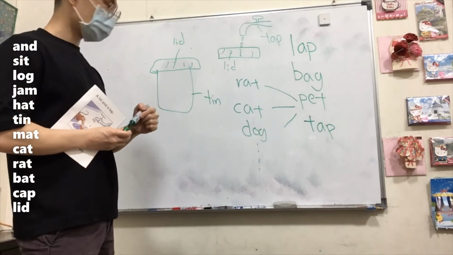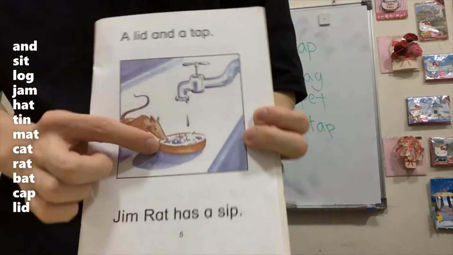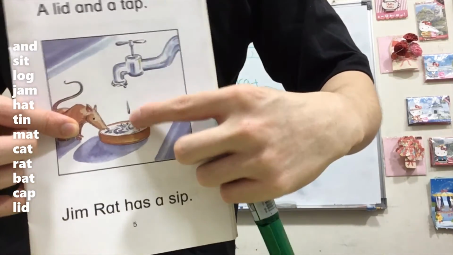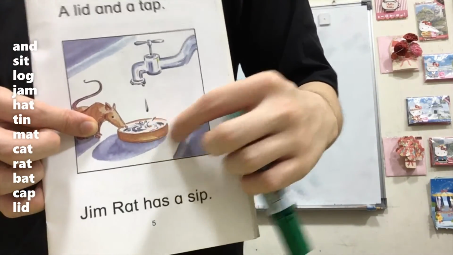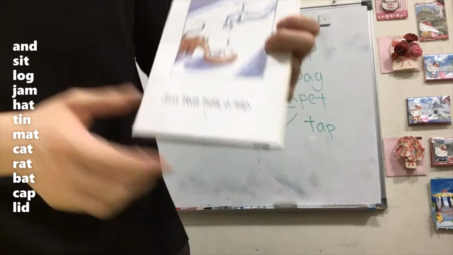And this is a lid. So you see, this is a tap and this is a lid. And these are water droplets dripping down. So, a lid and a tap.